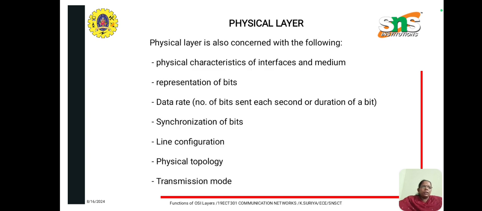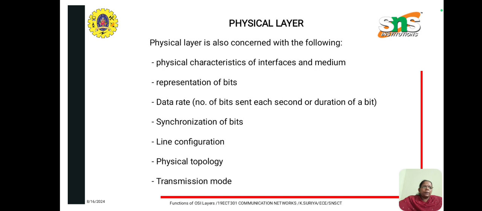The physical layer is also concerned with the following functions. First one is physical characteristics of interfaces and medium. The physical layer defines the characteristics of the interface between the devices and the transmission medium. It also defines the type of the transmission medium.